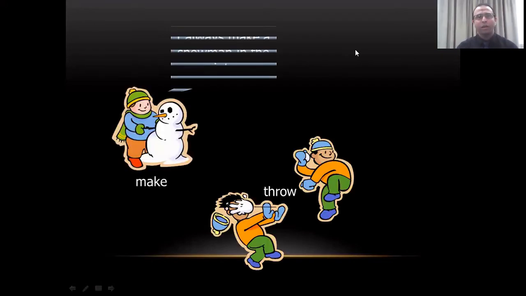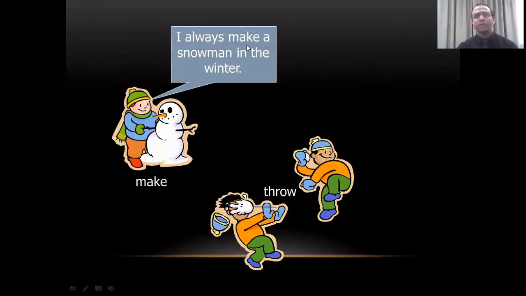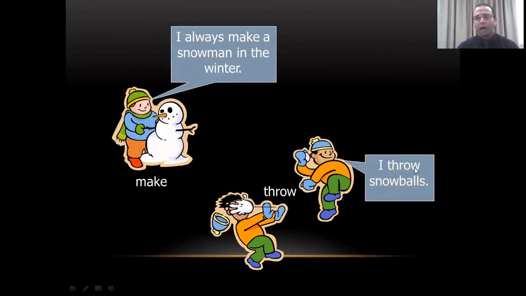Take some more examples. The first one says, I always make a snowman in the winter. The next one, I throw snowballs. When the first man was talking about himself, he said I, and so he says, I always make a snowman in the winter.